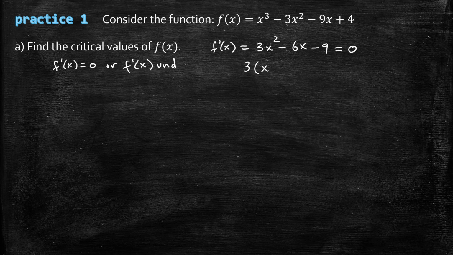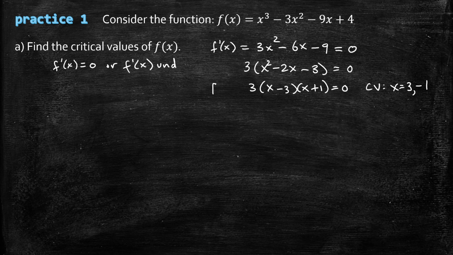Factor out the 3, and continue factoring, and we get that the critical values are x equals 3 and x equals -1. Let's recall this is still f prime x, and having it in factored form is going to be very helpful, so let's keep it in factored form for now.